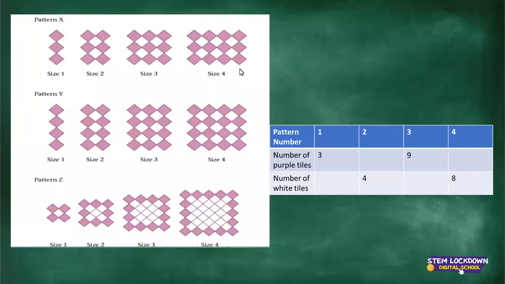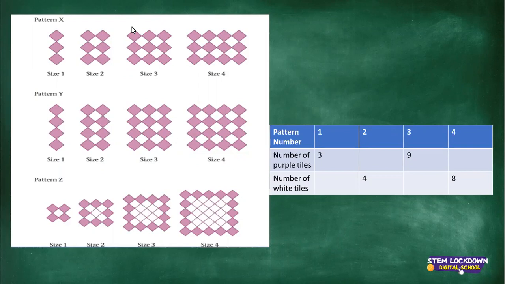All right, now let's go to our white tiles for pattern X. What is the number of white tiles on size 1 and also size 3?